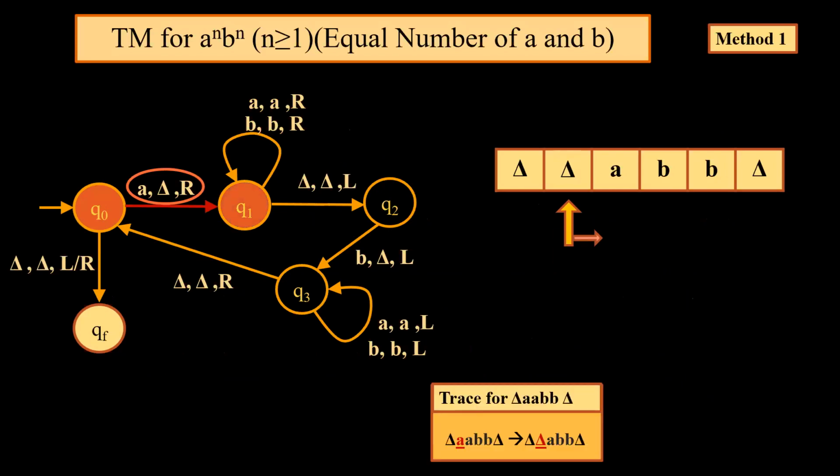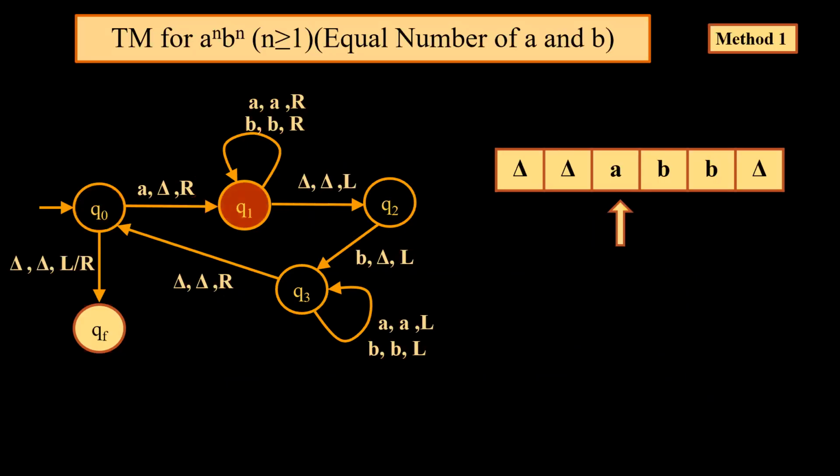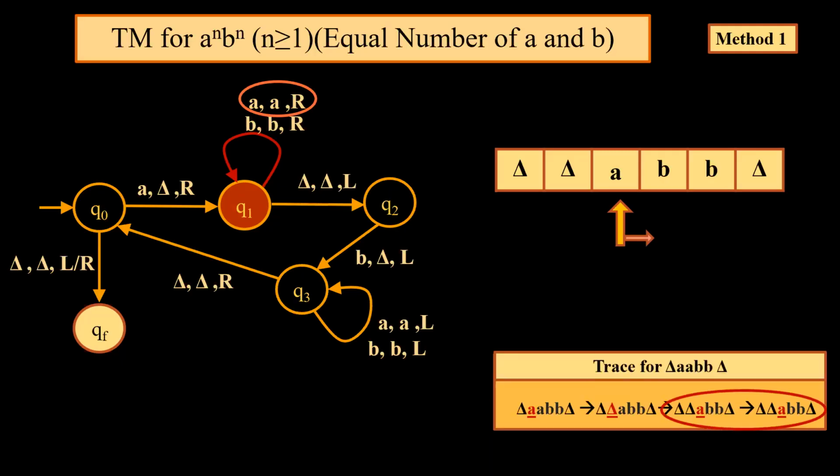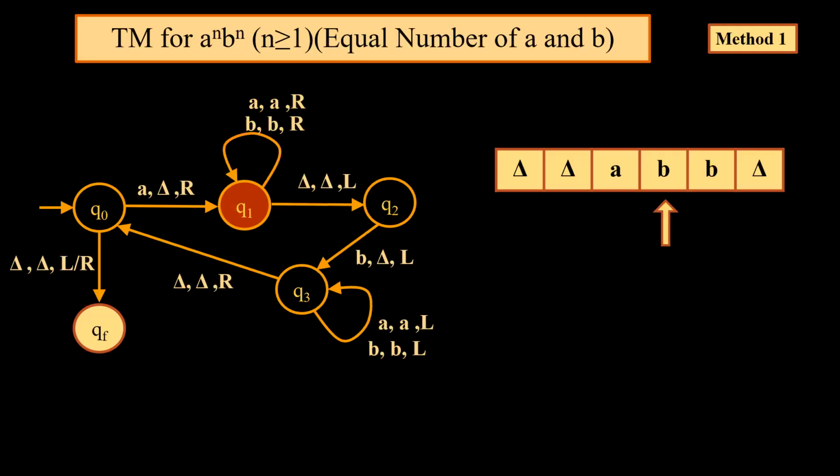This is the trace, A has been converted into delta. Next, we move to Q1 state. In Q1 state, we come across A. We don't change this A. We keep the A as it is. Read A, write A, move towards right. Next step, the trace will be that A remains as it is. We move towards the next input on the right.